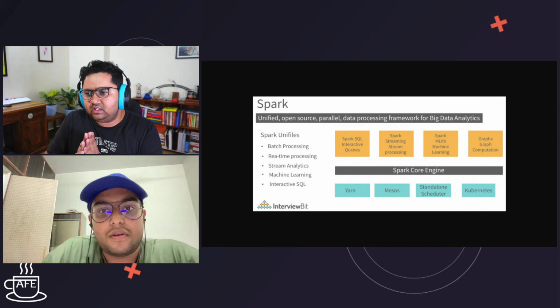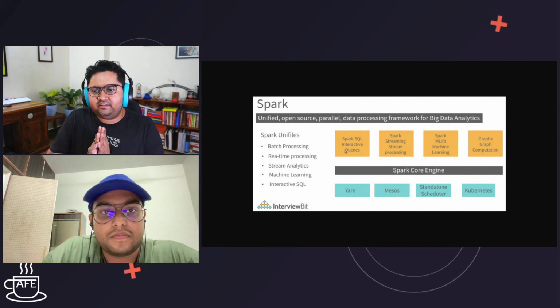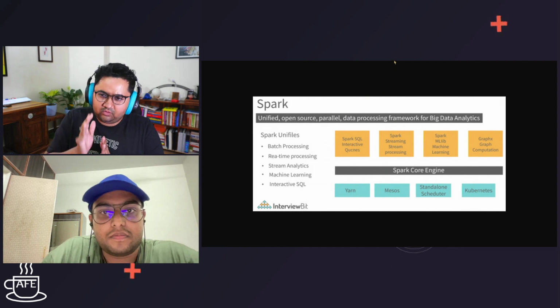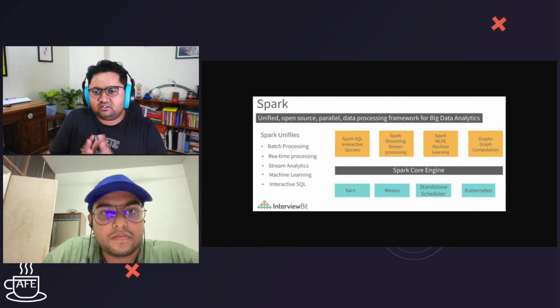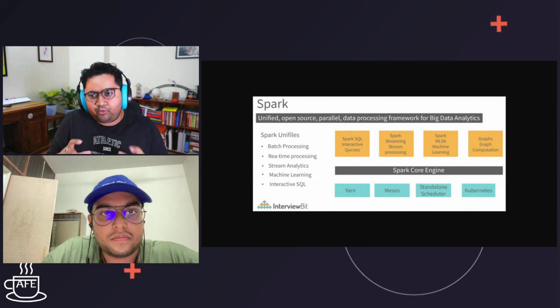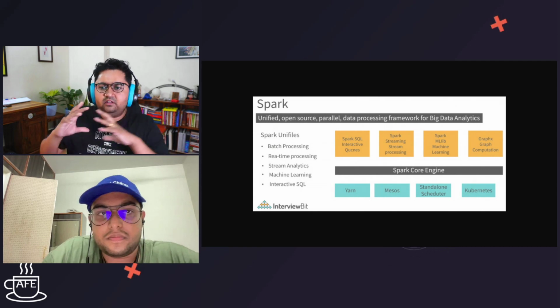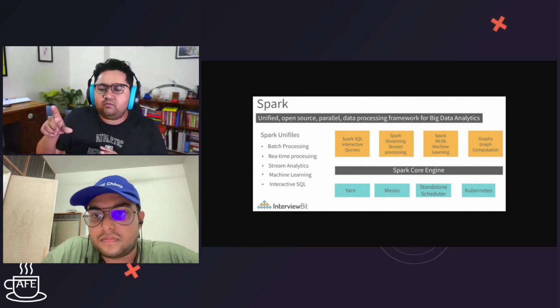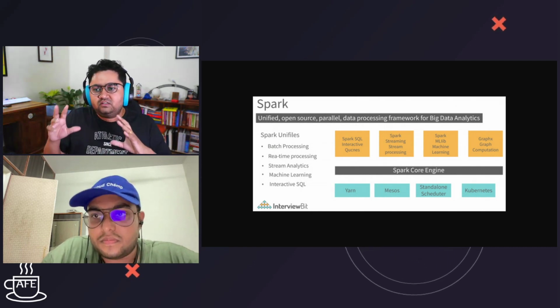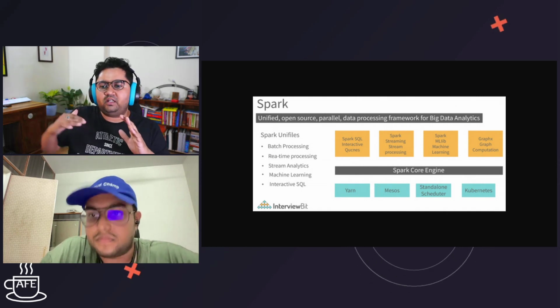Now, if you pay very close attention, most people associate Spark, and I don't mean to get deep into Spark and make this a Spark conversation, but I want to start off with something very important. When people think of event driven, they think of Spark. But if you see what Spark stood for, Spark was actually a framework which unified batch processing and real time processing.